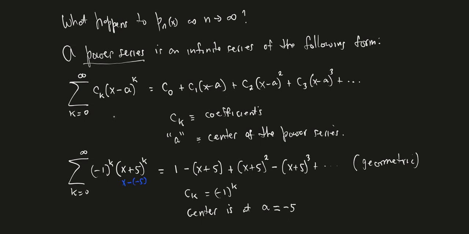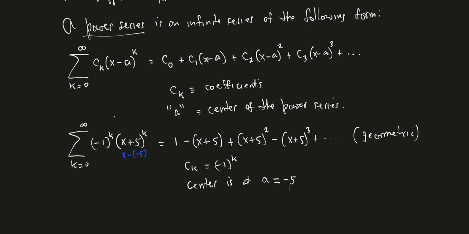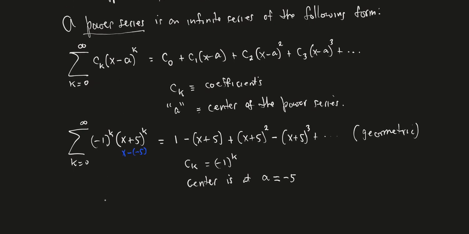If a is equal to 0, then our series just comes down to this. k goes from 0 to infinity.